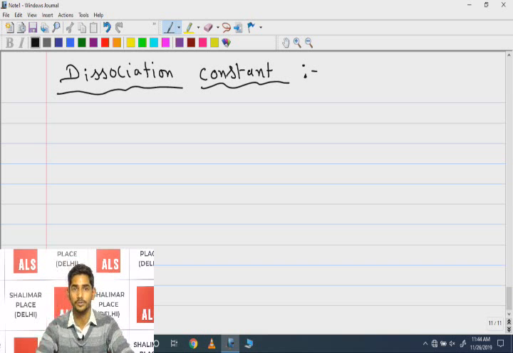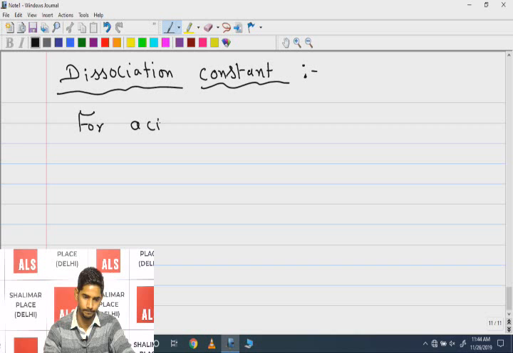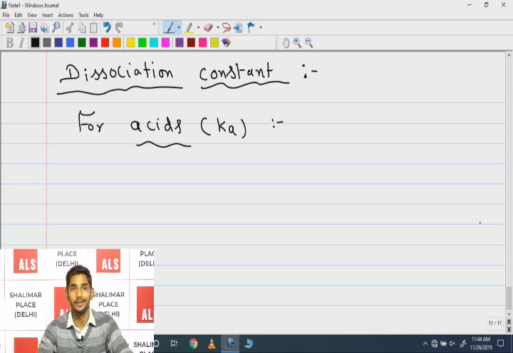Okay, so dissociation constant, guys. We have to discuss the dissociation constant for acids and bases. So let's start with acids. You will represent this with Ka. K stands for constant and a for acids.